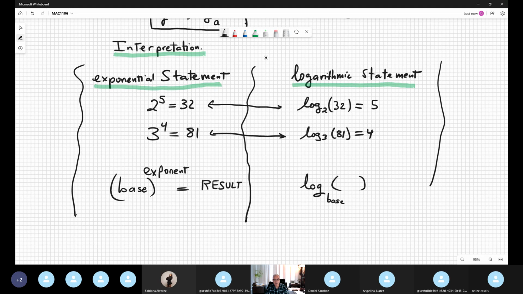Open the parentheses. You know that the answer, the logarithm, is always the exponent. And here we have the result. This is the formula in general. Let me try.